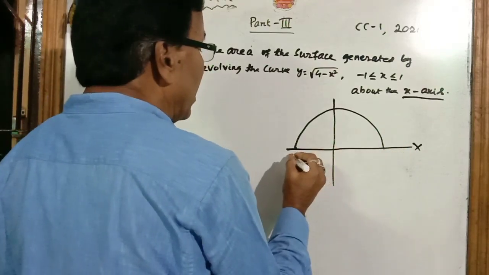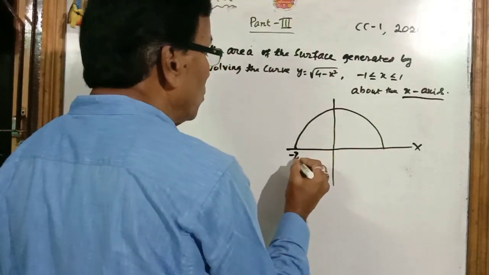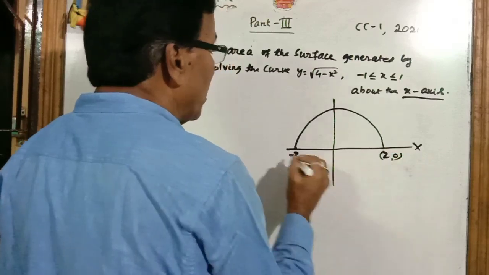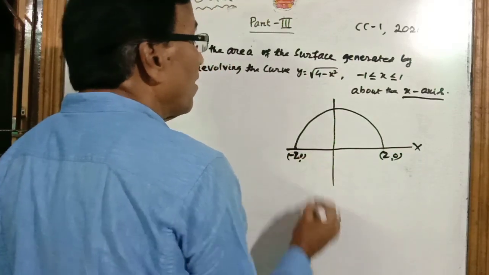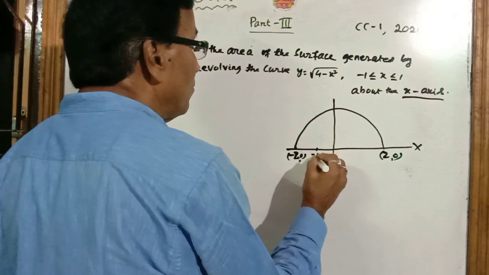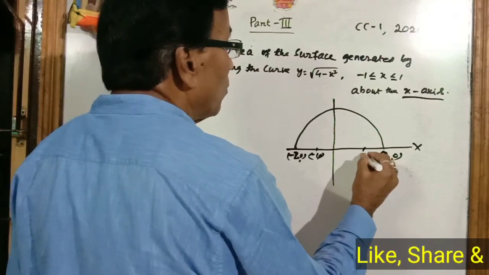The circle crosses the x-axis at minus 2, 0 and 2, 0, and the region x from minus 1 to 1 is marked by the points minus 1, 0 and 1, 0.